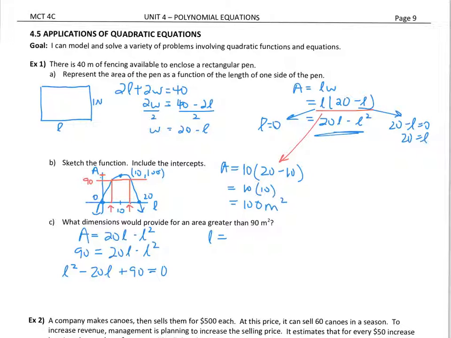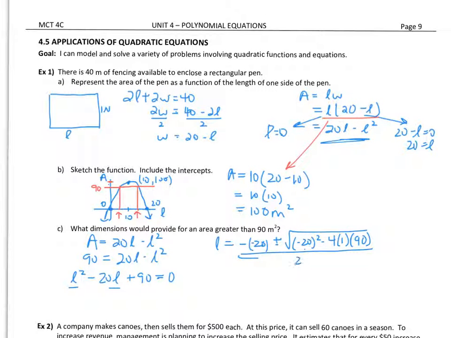So instead of x equals, I've got L as my variable, so L will equal negative b, so negative negative 20, plus or minus the square root of negative 20 squared minus 4 times 1 times c, which is 90, all divided by 2 times 1. Okay, so give yourself some time, figure that out. I'm going to jump directly to my answers because I don't have tons of room here to work with that.